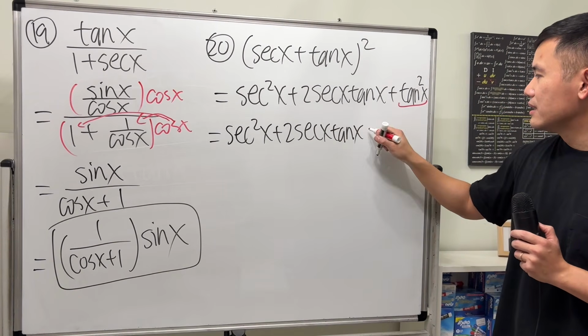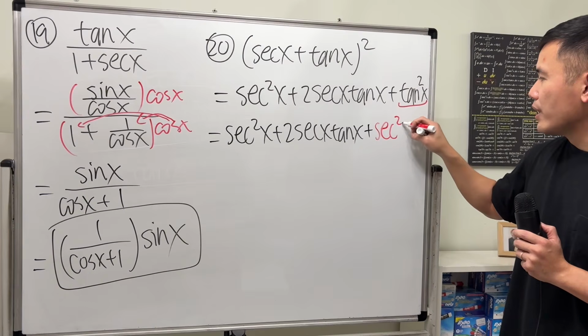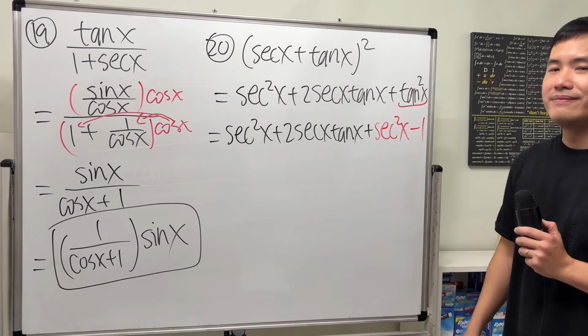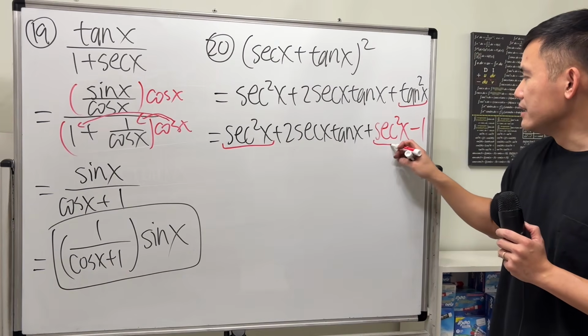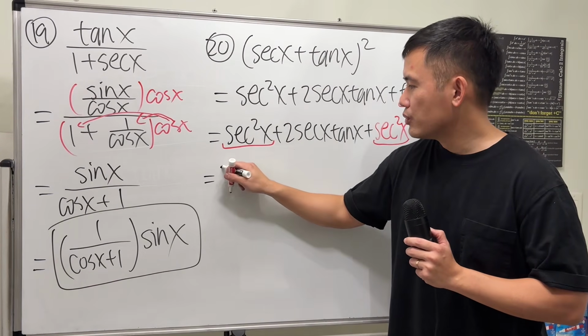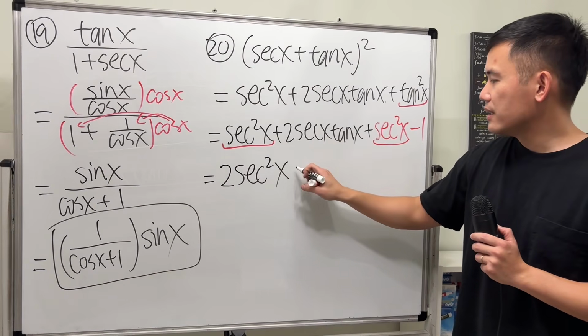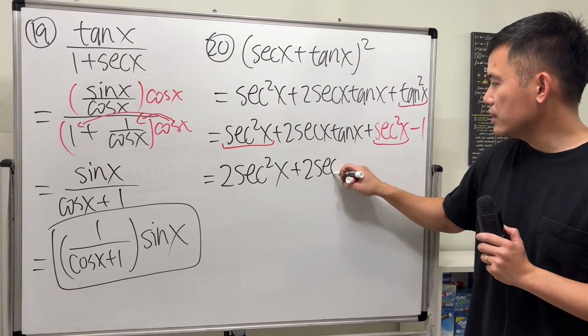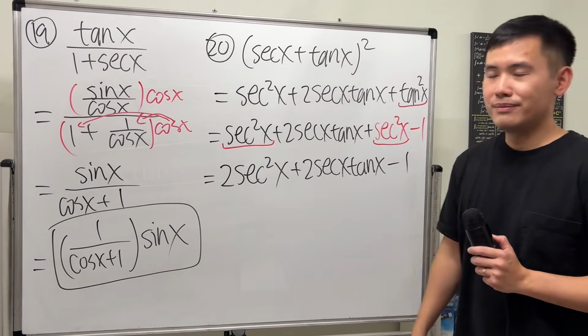But for this, that's the same as plus secant square x minus 1. So combining this and that, we get 2 secant square x. And then this right here stays, because that is integral ready. And lastly, minus 1.